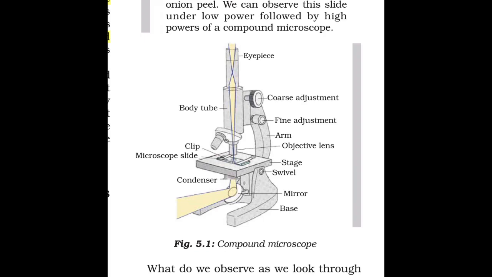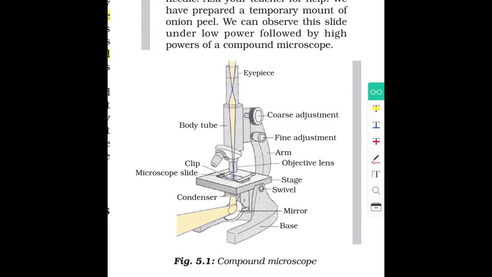Now, it works on the principle of refraction of light through a convex lens. The object or the specimen is placed on the slide which we already prepared. The slide is then kept on a stage under the objective piece, which produces a magnified image of the specimen that can be seen here.